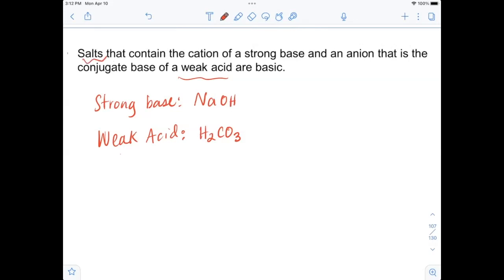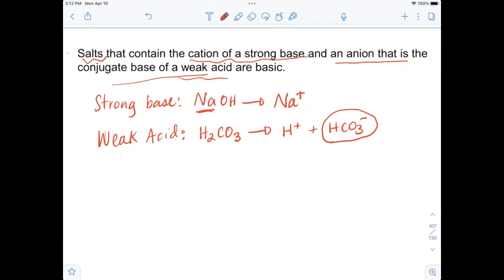So the salt that contains the cation of a strong base. Let's get the cation from here, ionize it. We need just the positive ion, sodium, the first one, right? And then we need the anion to come from the weak acid. So from the weak acid, separate the H plus from the rest, HCO3 minus. And this is the part that we need.